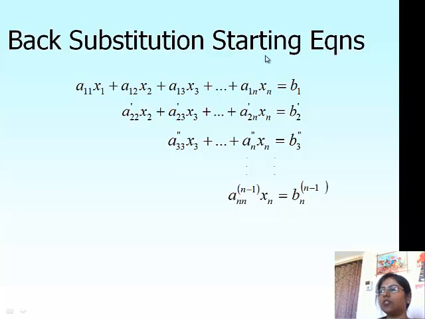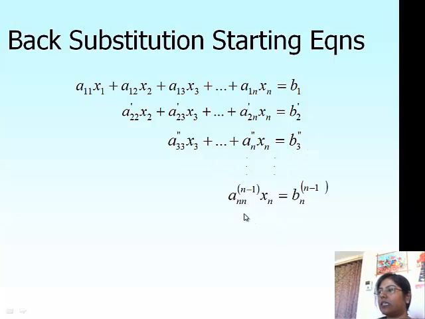Back substitution starts with the equations a11 x1 plus a12 x2 plus a13 x3 plus a1n xn equals b1, a22 dash x2 plus a23 dash x3 plus up till a2n dash xn equals b2 dash, a33 double dash x3 plus up till a3n double dash xn equals b3 double dash.